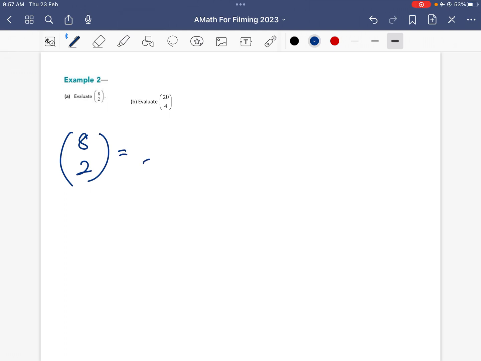I look at the bottom, which is 2, so I just go 2 times 1, all the way to 1. The numerator will follow the denominator. There are 2 terms in the denominator, 2 times 1. So if I start with 8, I just go to 7. So I get 56 divided by 2, which is 28.